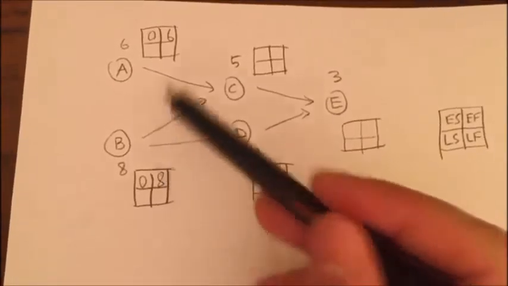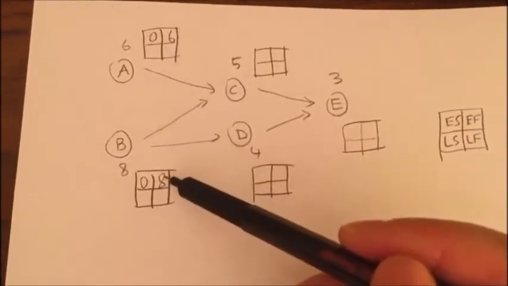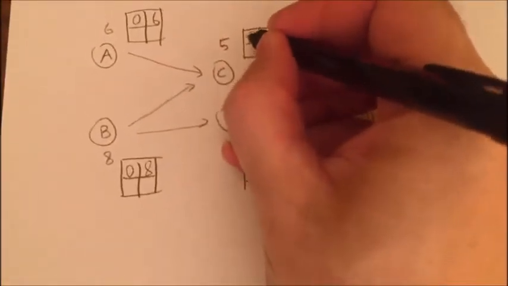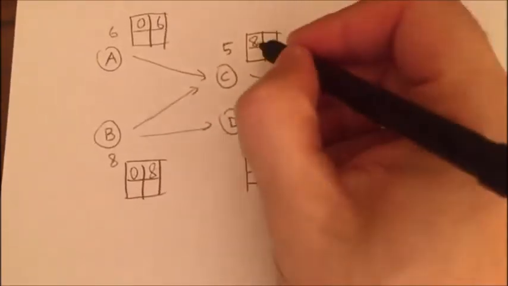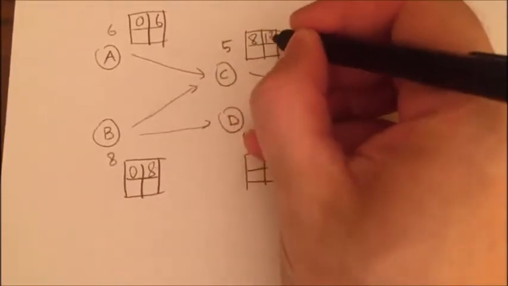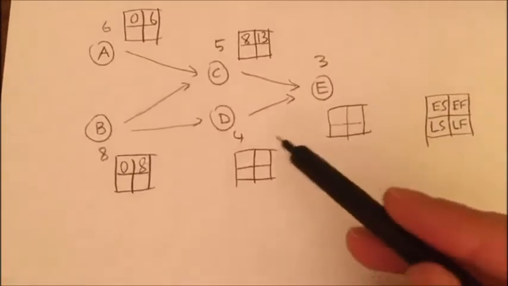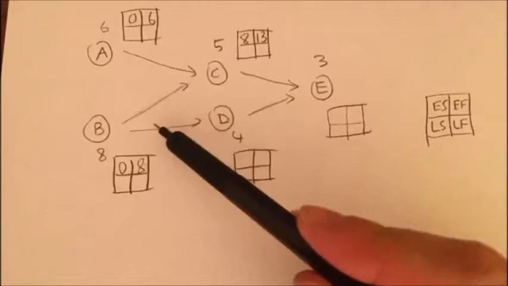So I have to wait for both of them. I can start C as early as day 8, the largest one of these two, and 8 plus 5 makes 13.